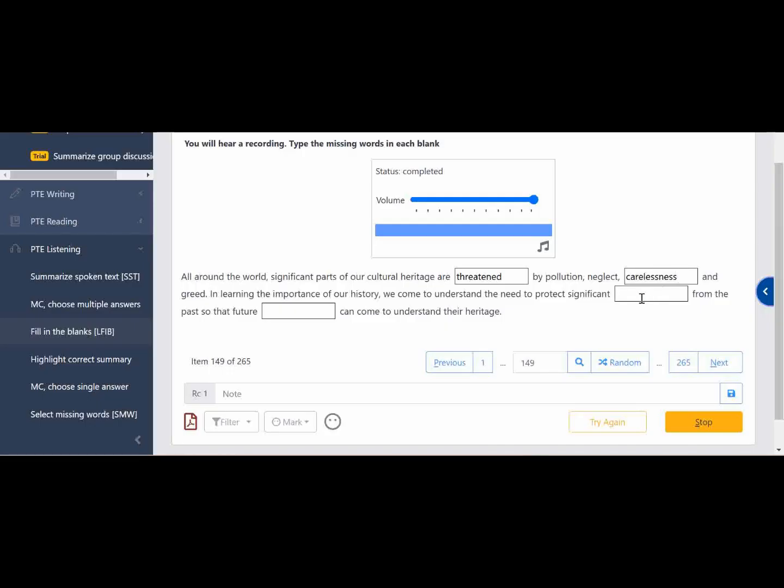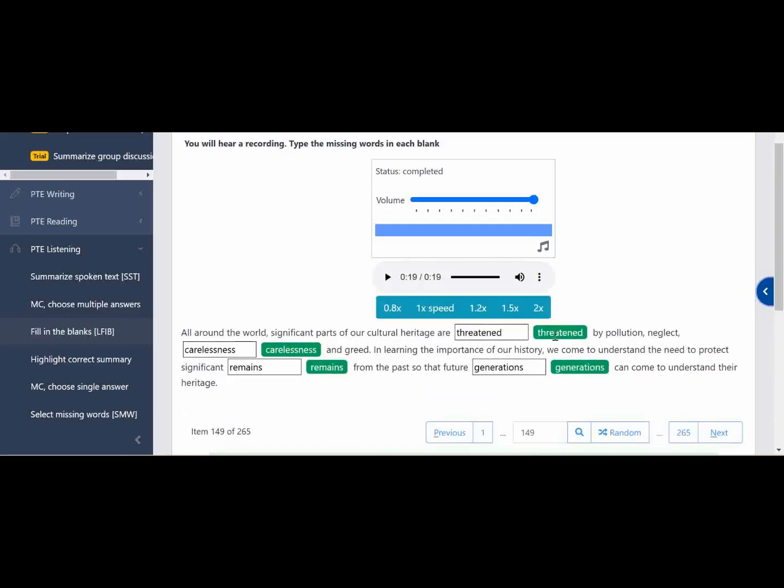Next one is remains, significant remains, and the last one is future generations. You will write generations, not generation, because it is talking about the future, and in the future there will be generations. So let's check the answers. First one is threatened, next is carelessness, then remains, then generations.